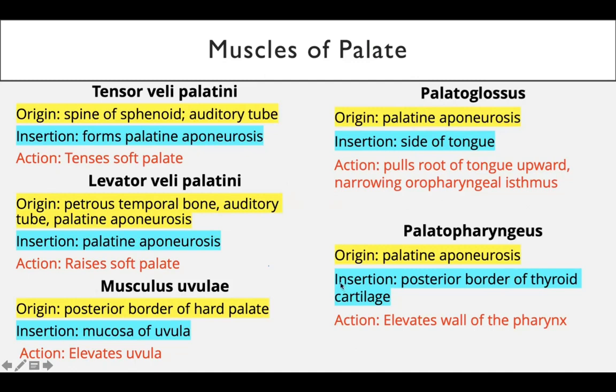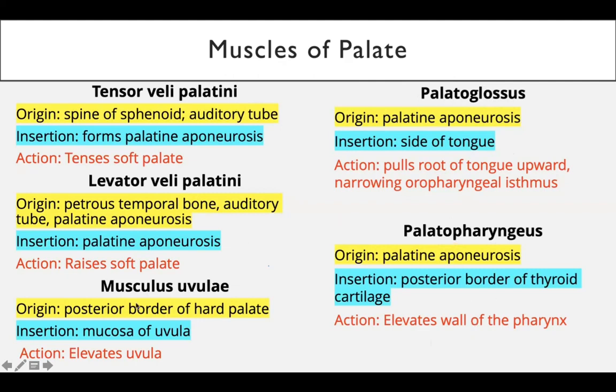Aren't we talking about extrinsic muscles of the tongue? And there was this exception with an innervation not from the hypoglossal nerve, but from the vagus nerve. Oh, that palatoglossus. Okay, we know you. Palatopharyngeus: pharynx, so it elevates the wall of the pharynx.